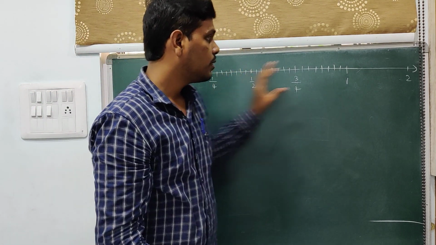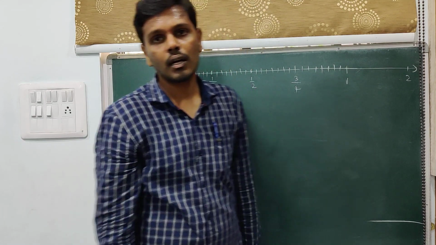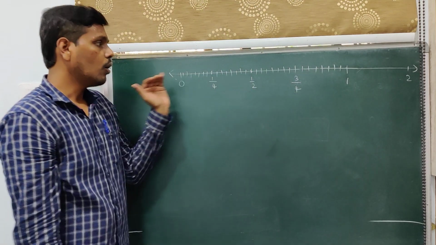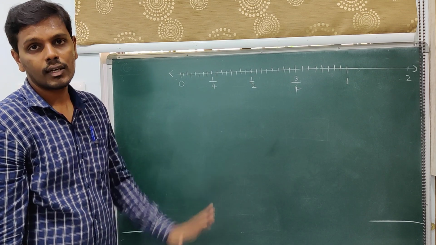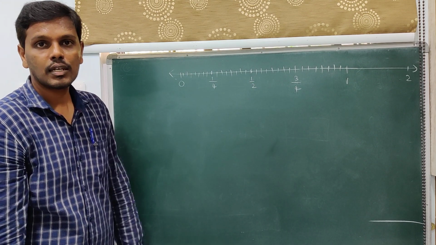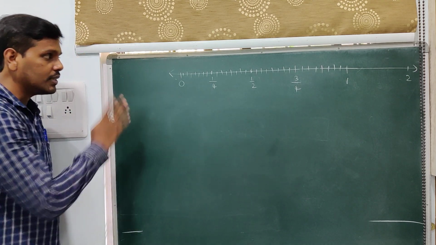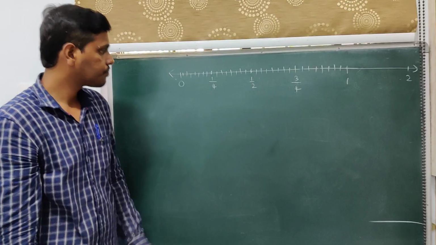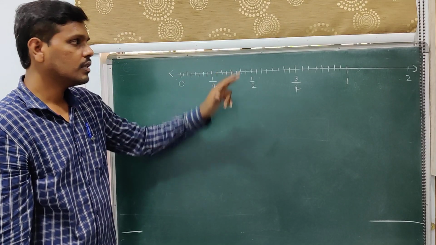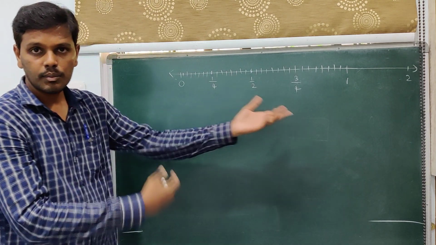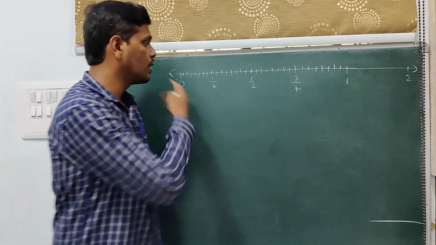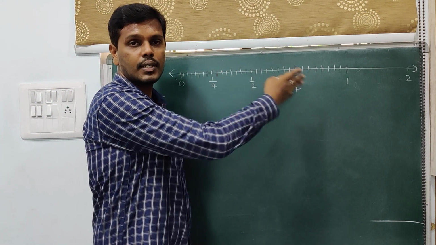Likewise, this leads us to a probable conclusion that on a straight line, each point can be assigned to a rational number. That is the conclusion that we can make. I repeat it again: by this argument, we can say that each point on the number line can be assigned to a rational number.